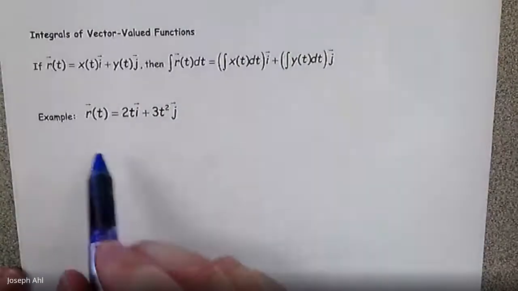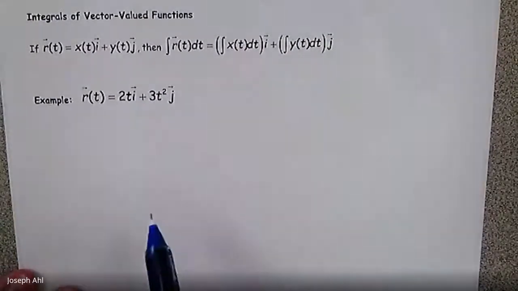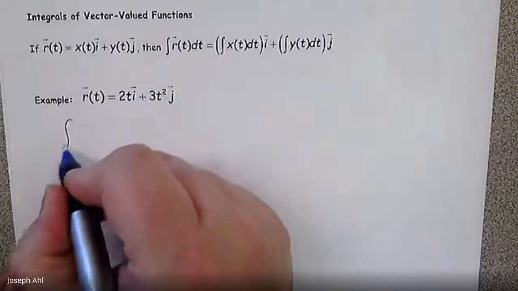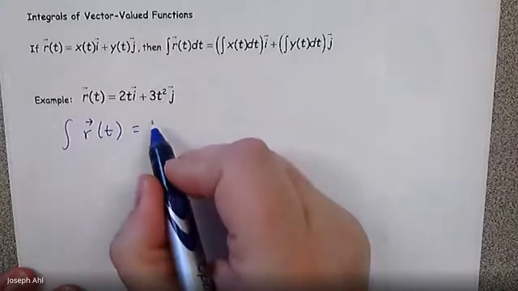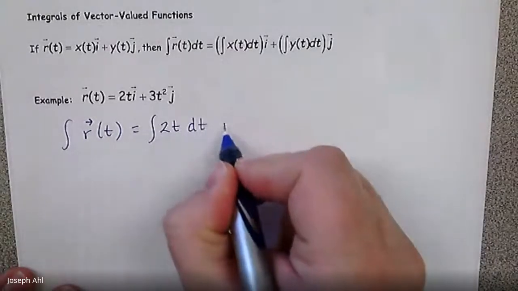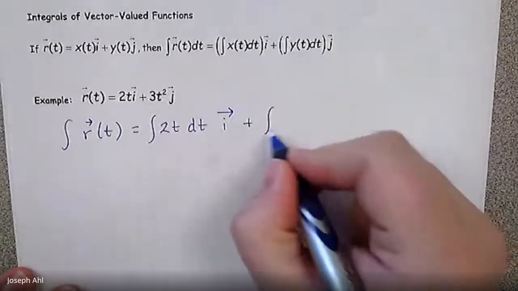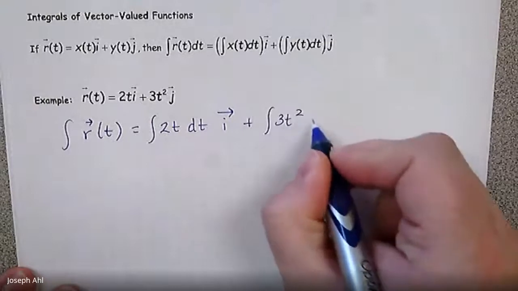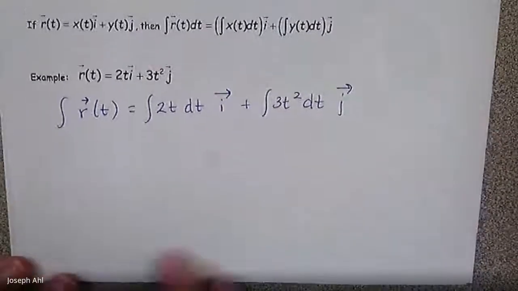So given r of t equals 2t times the basis vector i plus 3t squared j, the integral of r of t is going to equal the integral of 2t dt, and that's going to be next to the basis vector i, plus the integral of 3t squared dt, and that will be the vertical component for j.